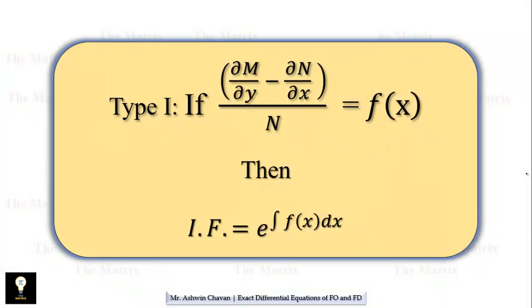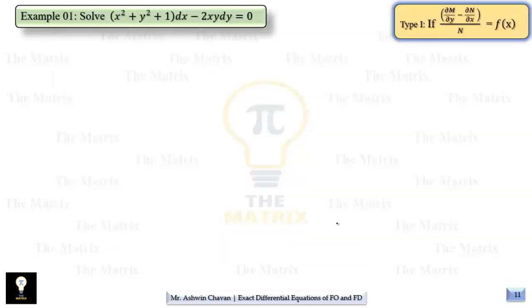Type 1: if (∂M/∂y minus ∂N/∂x) divided by N gives a function of x, with y eliminated, then the integrating factor is e to the power integral of f(x) dx. Here is the first example. The given differential equation is of the type M dx plus N dy, so before starting, we write M and N separately.